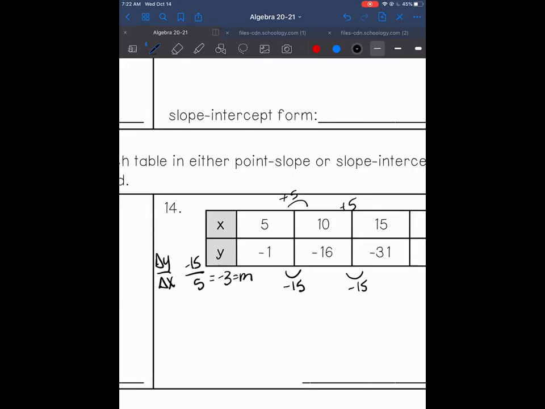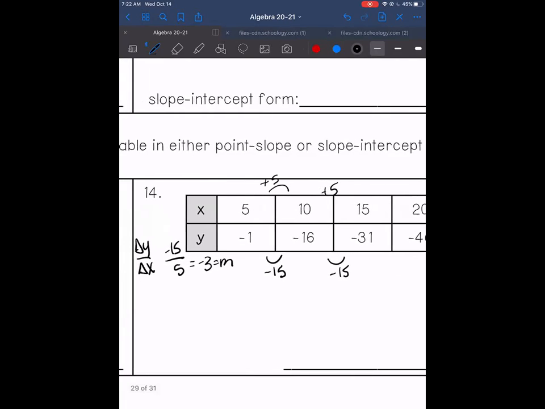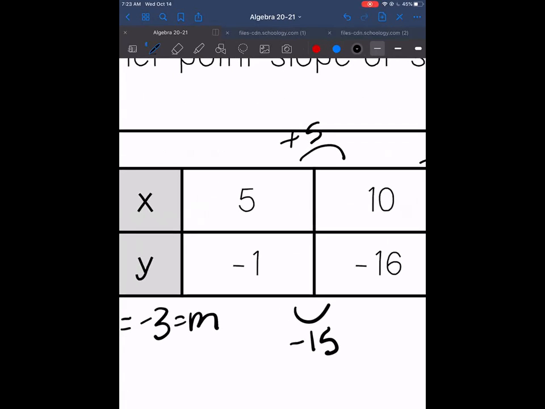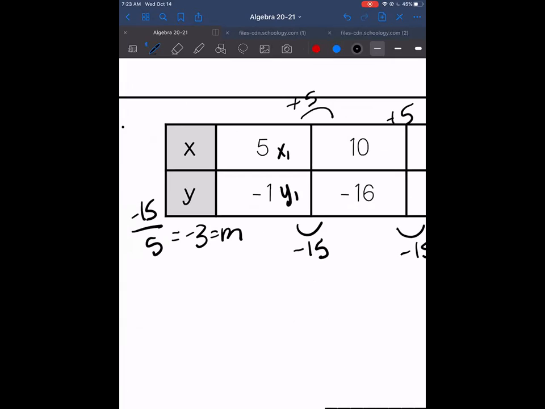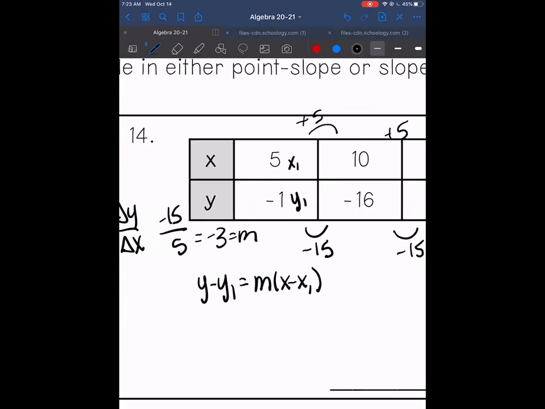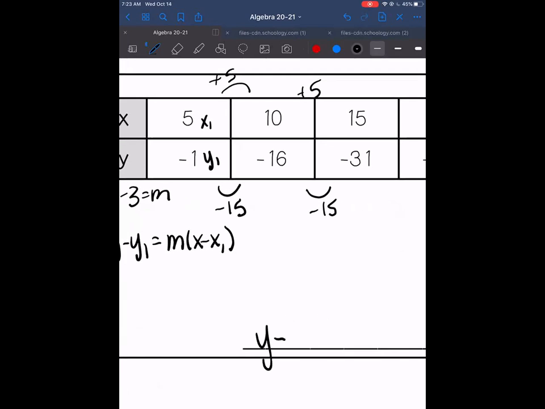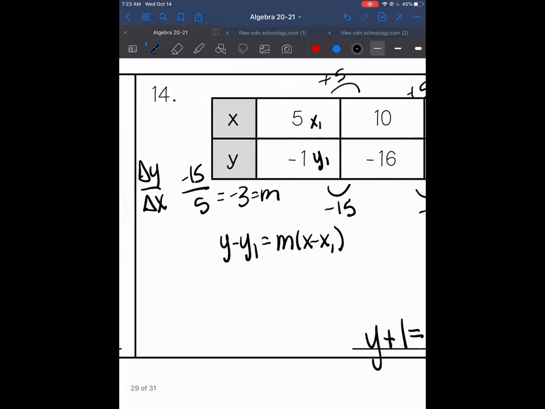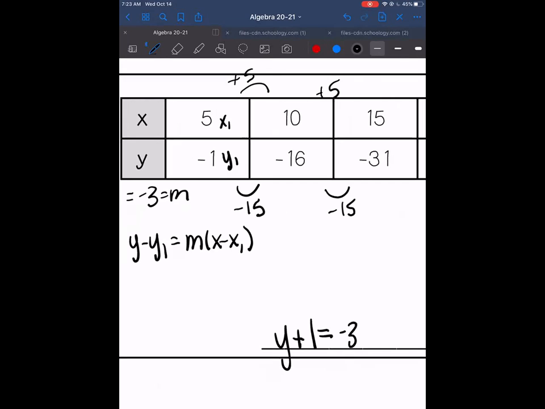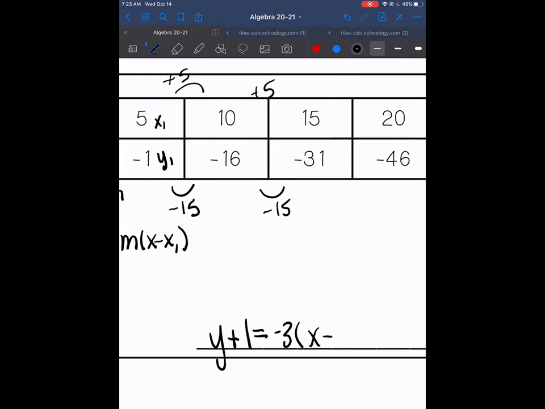Okay? I'm not given my intercept, but I'm given lots of points. I'm going to use 5 and -1 as my point. So this is my x1, this is my y1. If I have the format y minus y1 equals m times x minus x1, I'm going to substitute where y minus our y value is a -1, so plus 1 equals my m, my slope of -3 times x minus, and then our x value of 5.